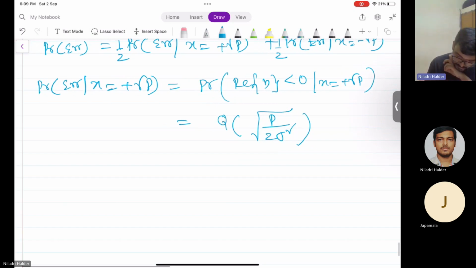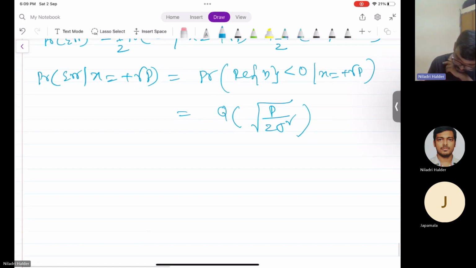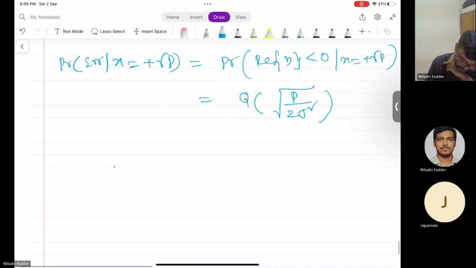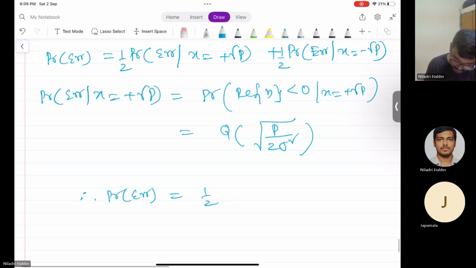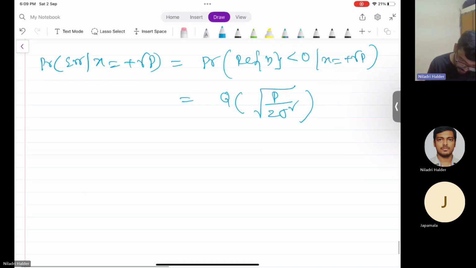Okay, so probability of error is equal to half. Sorry, if you calculate this probability of error when x equals minus root P, it will also come the same.